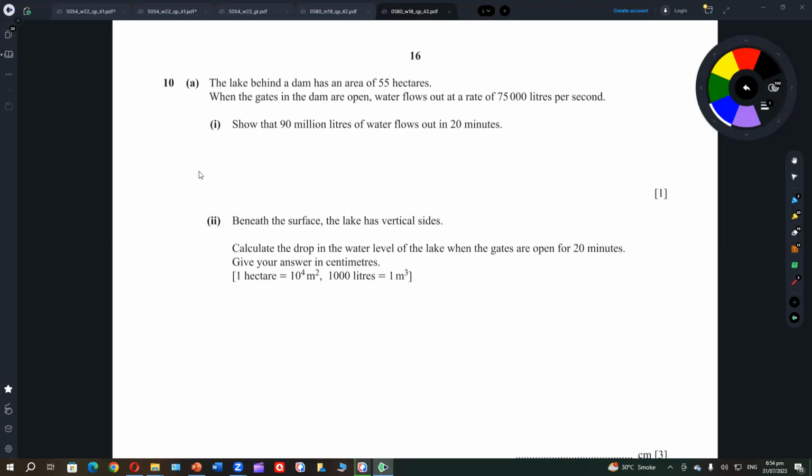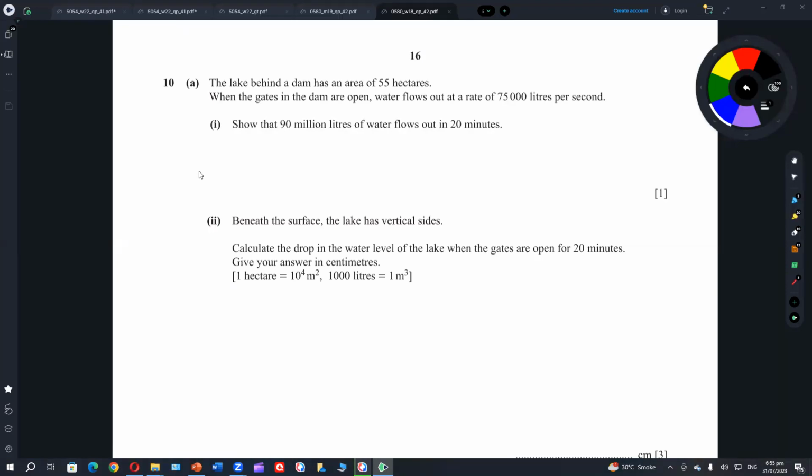A lake behind a dam has an area of 55 hectares. When the gates in the dam are opened, water flows out at a rate of 75,000 liter per second. Show that 90 million liter of water flows out in 20 minutes. It's a ratio question.